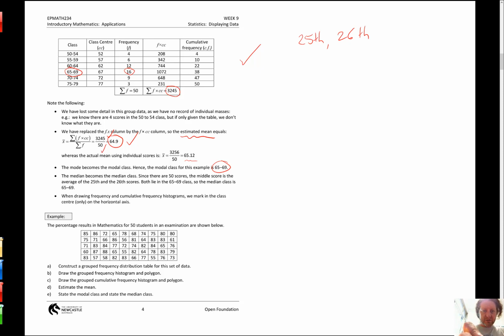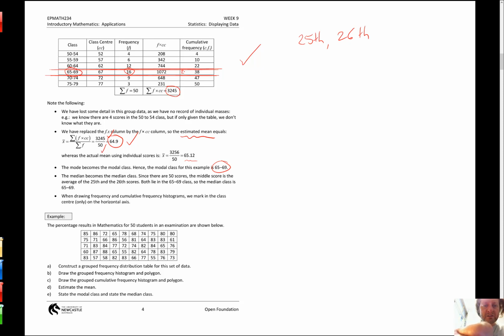Last week I used the ruler and said, look, up to the 22nd score, we've dealt with these 3 classes, but I want to know the 25th and 26th. So up to the 22nd is catered for, and then up to the 38th score is in the class 65 to 69.